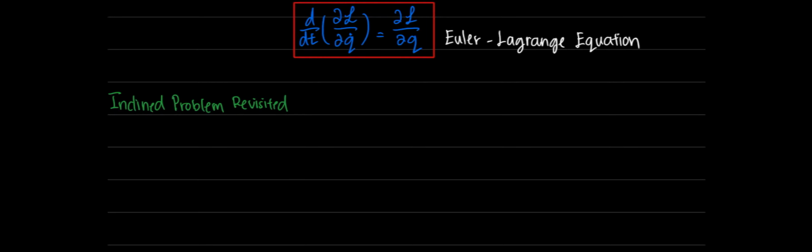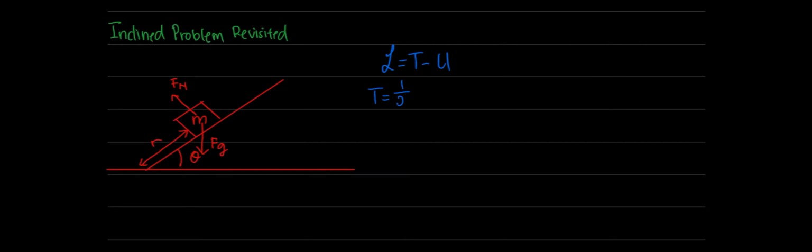Alright, let's revisit the inclined plane problem, but here we're going to use the Lagrangian formalism. First step, you have to write down the Lagrangian of that system. First, let's find the kinetic energy.